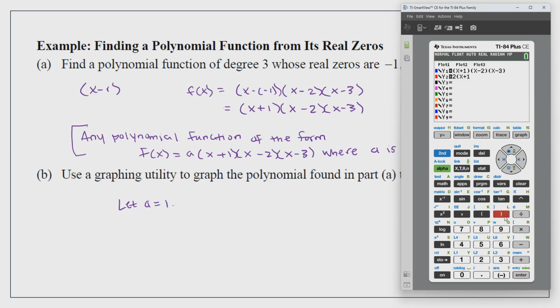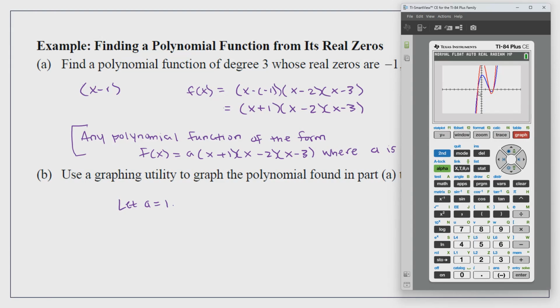I want to know if changing a changes my zeros. It's minus 3. Enter that in. And I'm going to have both of them show on the screen. So my first function is going to be in blue. My second function is going to be in red, just so I know the difference. So let's graph both of those.